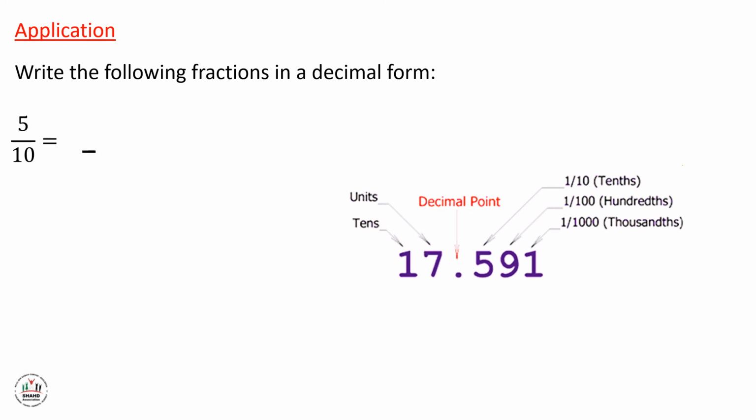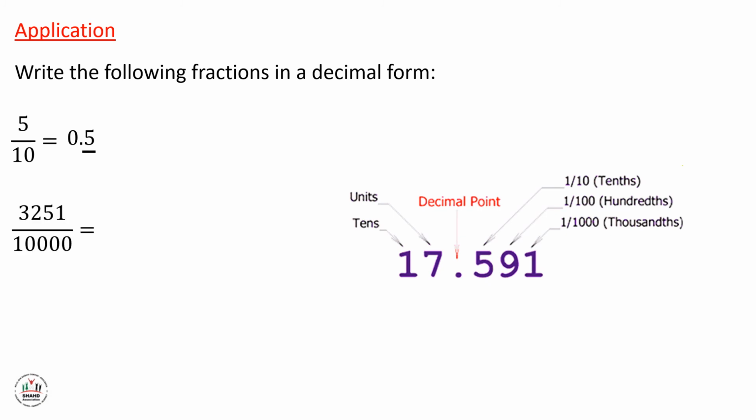So you can draw only one dash, and to the left of this dash you write the decimal point, and the answer will be equal to 0.5.